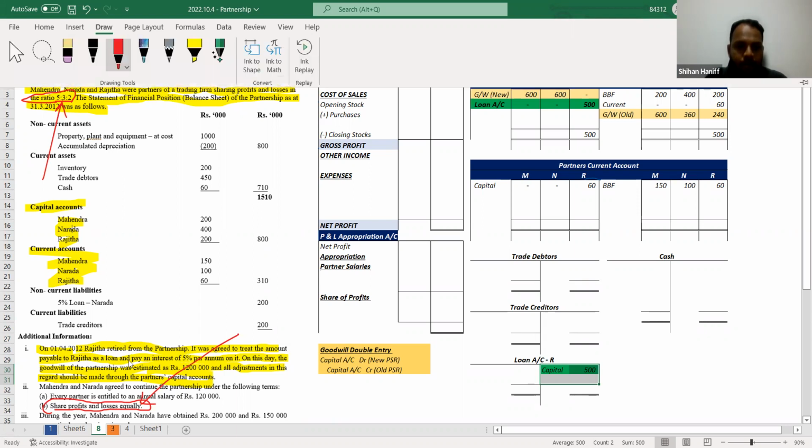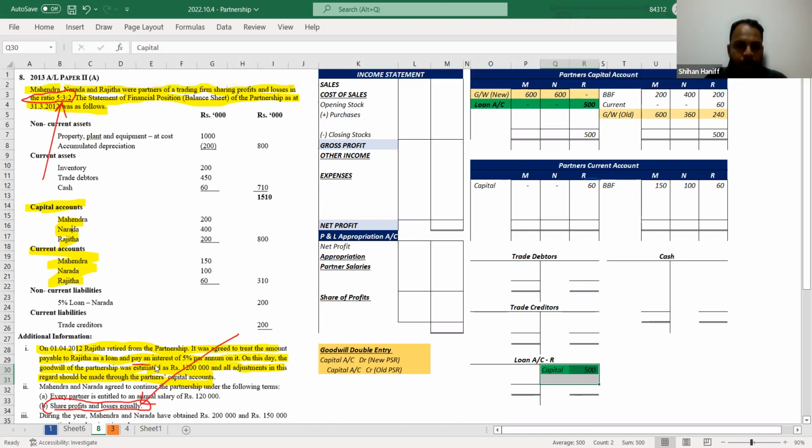Additional information number 1. Pay an interest of 5% per annum. Okay, 5% interest. It is an expense.